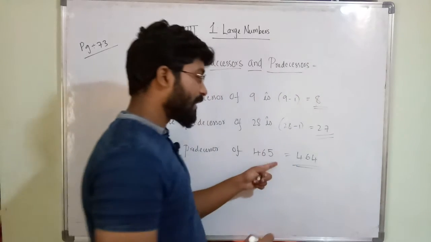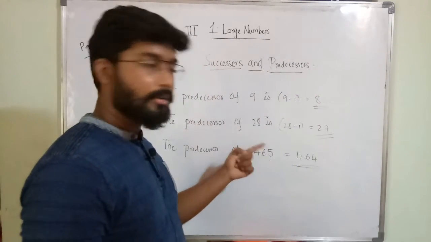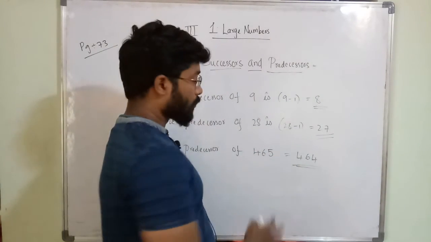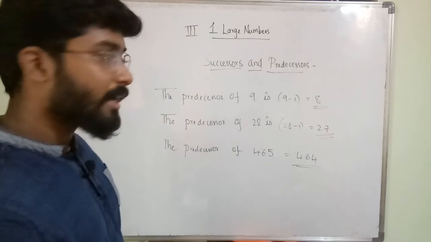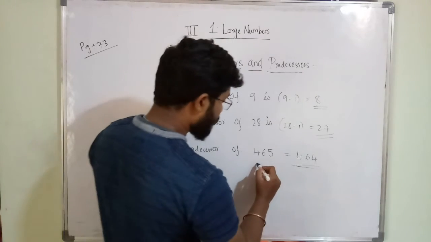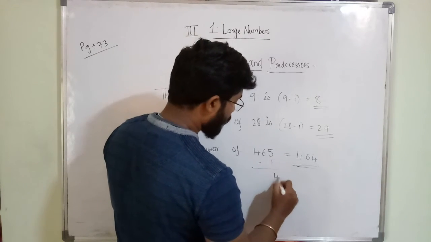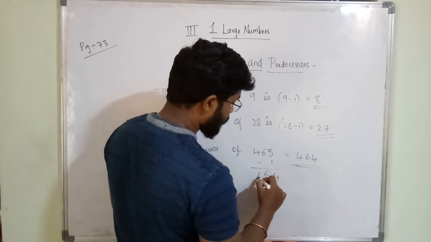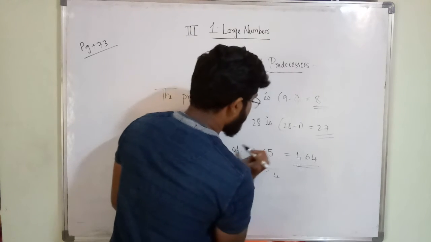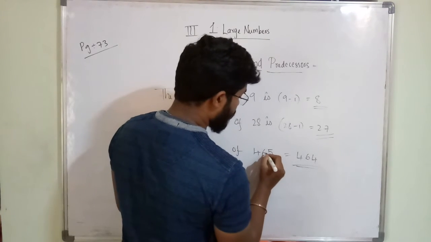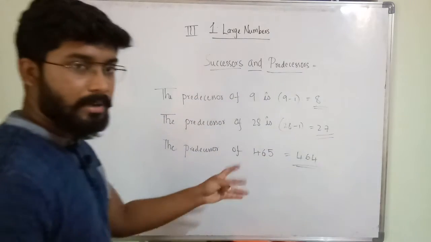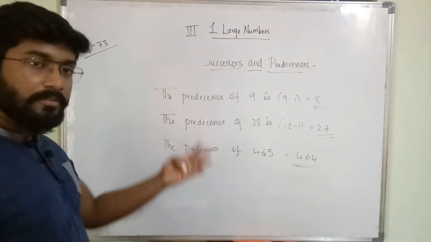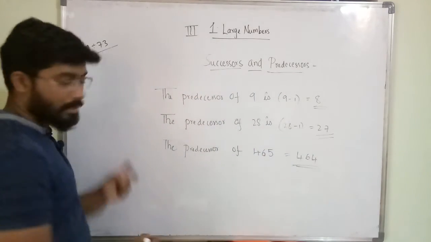So if you do -1 from 465, you will get 464 only, no? So if you know it directly, write it directly. If you are getting confused, do -1. Okay, 465 minus 1: 4, 6, 4. Same we got, no? You can write it directly, I think, because you know which number will come after which number and which number will come before which number. Okay, so in hundreds and thousands like that.